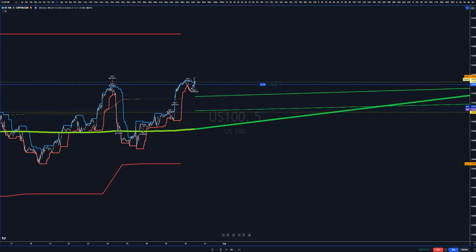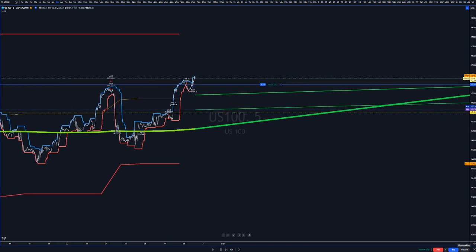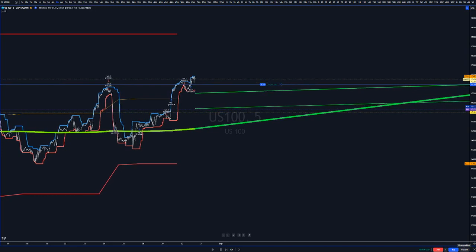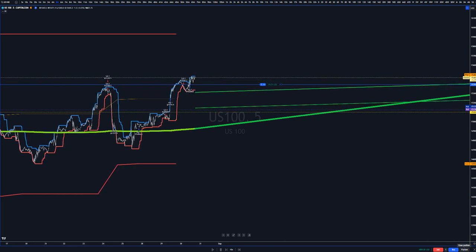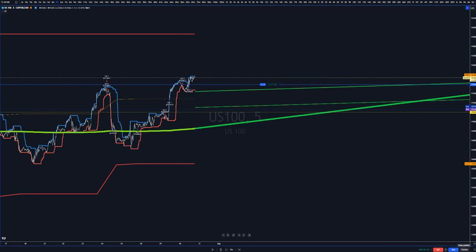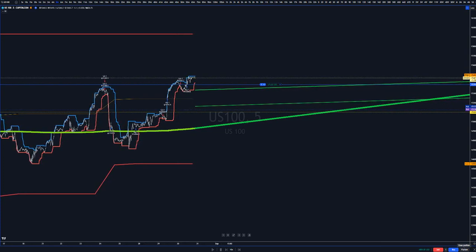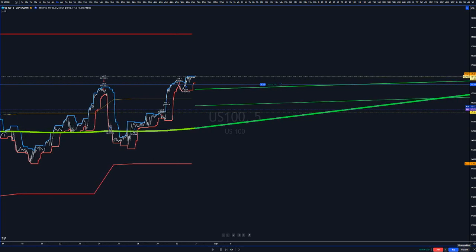Take the next one. But we are only bullish, right?